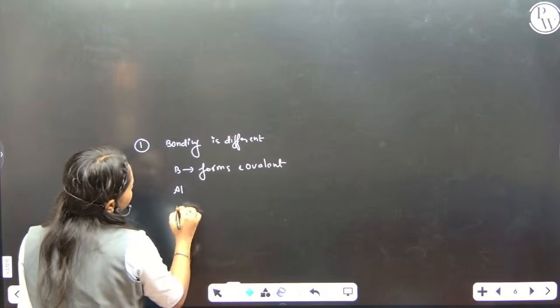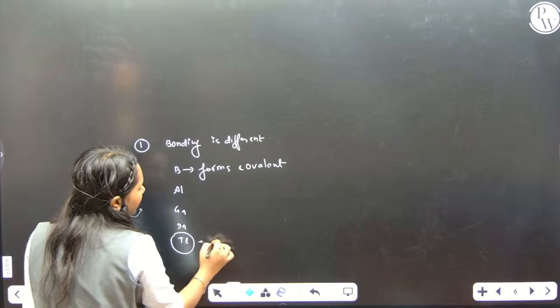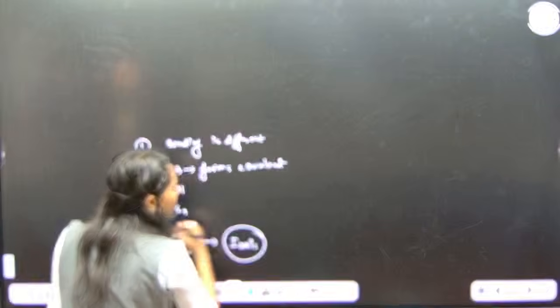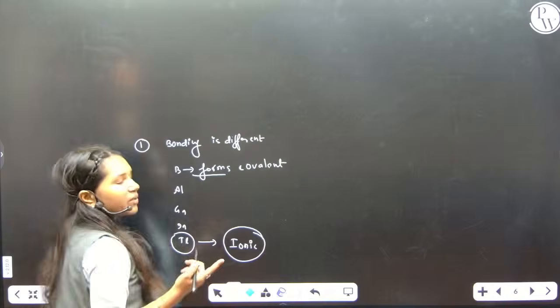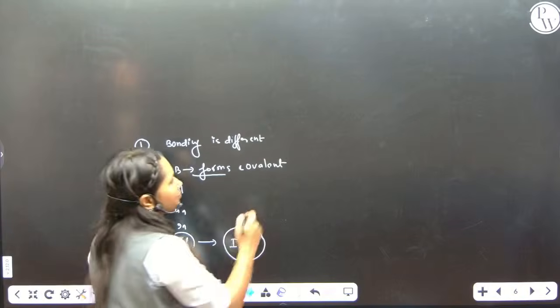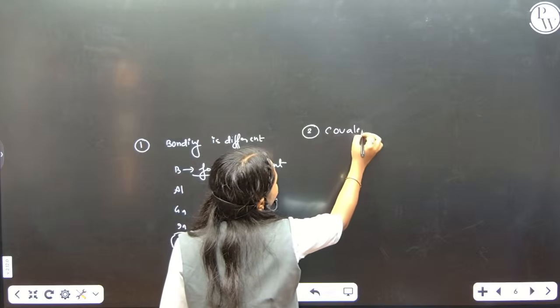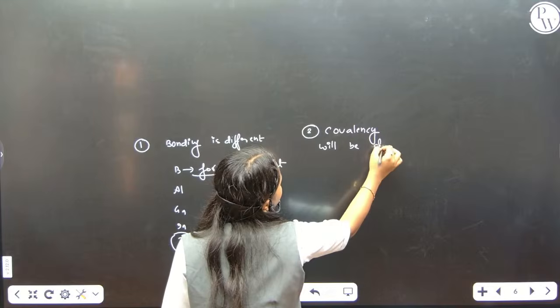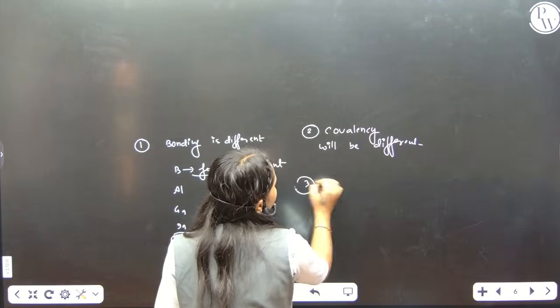Boron, aluminium, gallium, indium, and thallium, and thallium compounds are ionic. So the anomalous behavior is that their bonding will be different, then covalency will be different, and the number of bonds formed by them will be different.